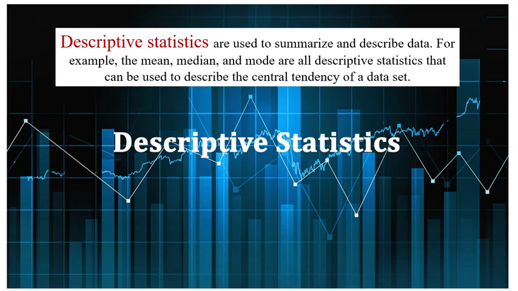So the first type of statistical analysis or statistical method is descriptive statistics. In this type of statistics, if you have data, you simply apply some methods like mean, median and mode. These basic tools of statistics come under the term descriptive statistics.